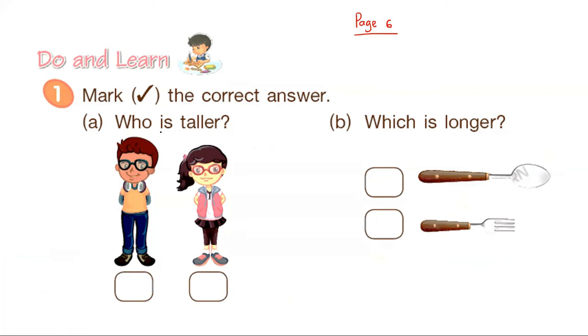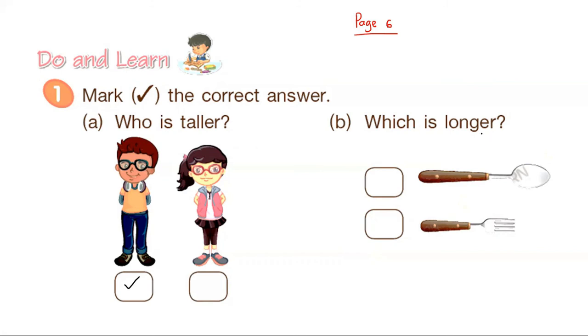A. Who is taller? Look at these two children. Whom do you think is taller? Okay, so you see that this boy is taller than the girl. So we tick here.